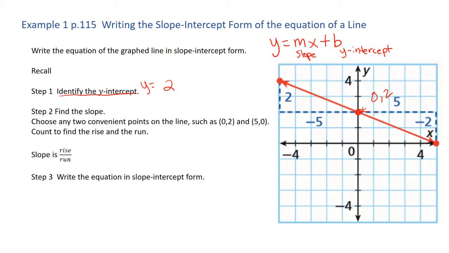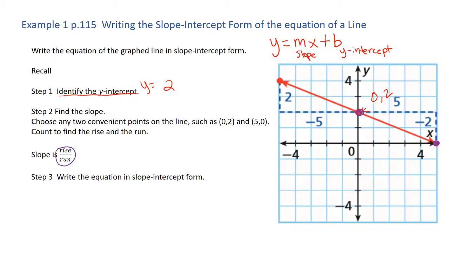The next thing we have to do is find the slope. The easiest way to find the slope is just to find two convenient points, such as 0, 2, which we already found. I'm going to change colors here. So here's our 0, 2, and let's choose another one, this one over here, 5, 0. All we have to do is count. Remember, slope is rise over run, the change of y over the change of x.